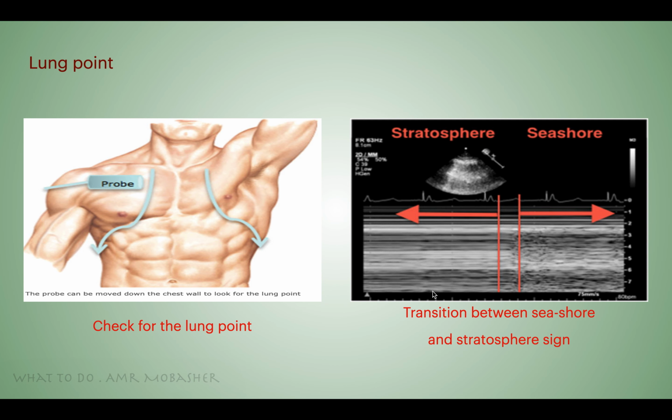So let's describe it as the transition zone between the normal part and the pneumothorax part. And of course, if the pneumothorax is complete all around, you will not find the lung point. So it's not necessary to find the lung point to diagnose pneumothorax.